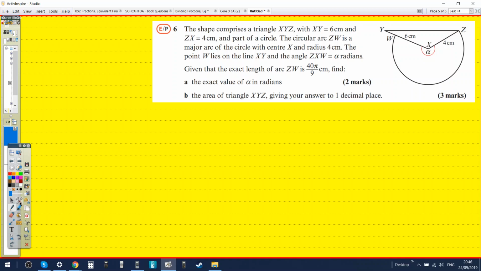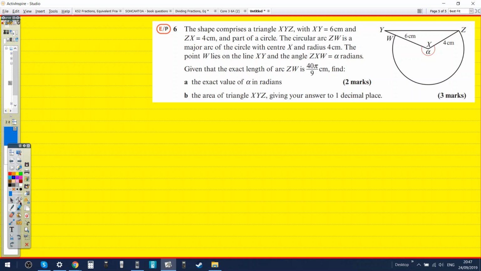Given the exact length of arc ZW, that's the arc. They give you the arc length, and we know that R times theta equals the arc length.